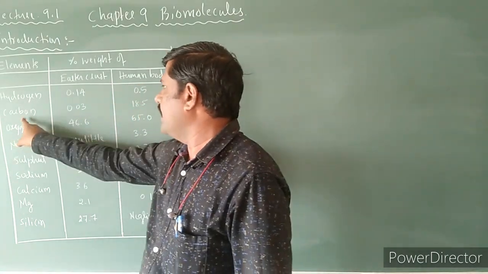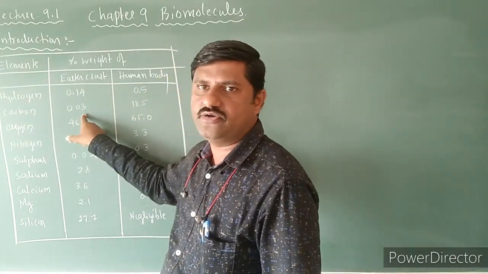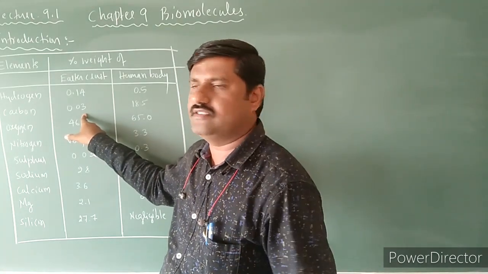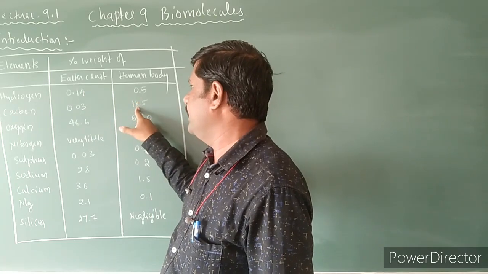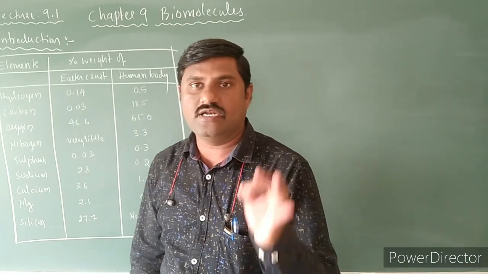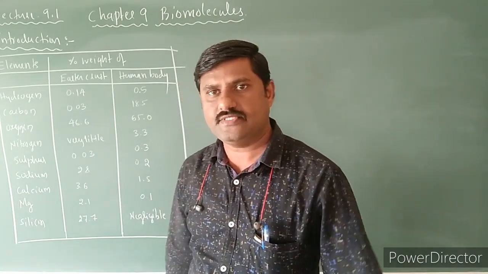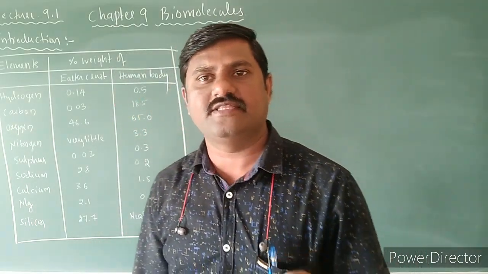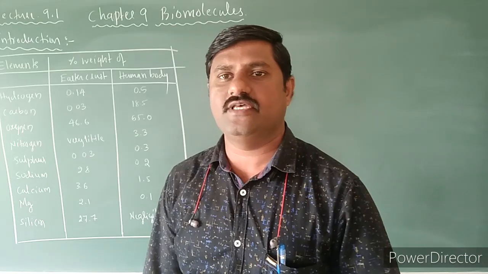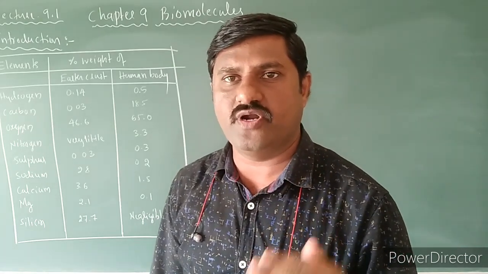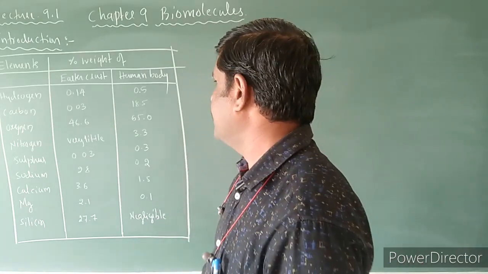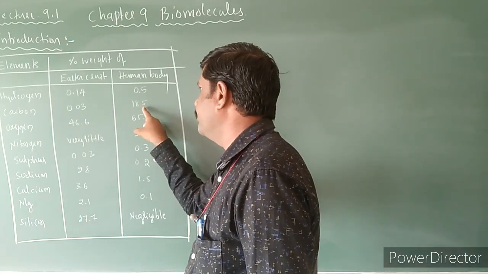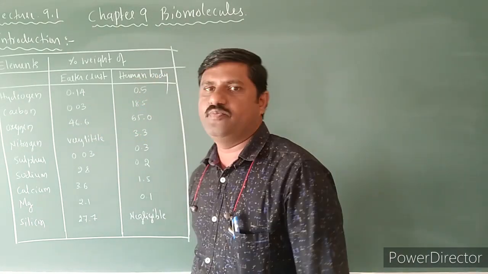In the same way, carbon is 0.03% in the earth crust, and it is about 18.5% in the human body. Already I have mentioned this body is made up of organic compounds, that is nothing but carbon containing compounds. Hence the maximum part of the body is made up of carbon containing compounds, so the carbon content is 18.5 in the human body.